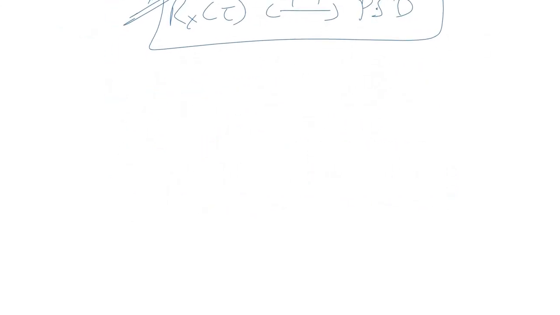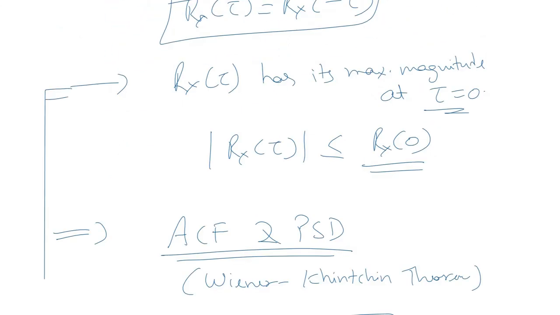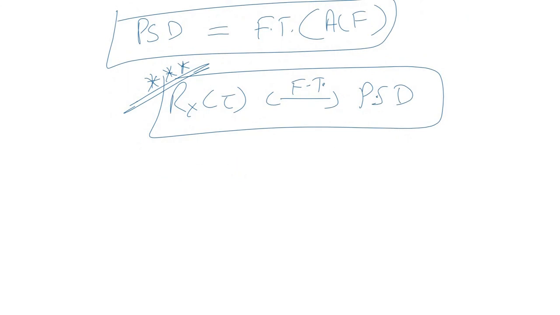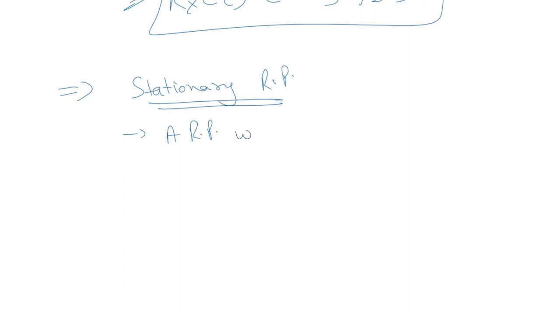Next we have the classification of random processes. First, the stationary random process, which we have already discussed in brief. We know that a stationary random process is a random process whose statistical characteristics do not change with time.